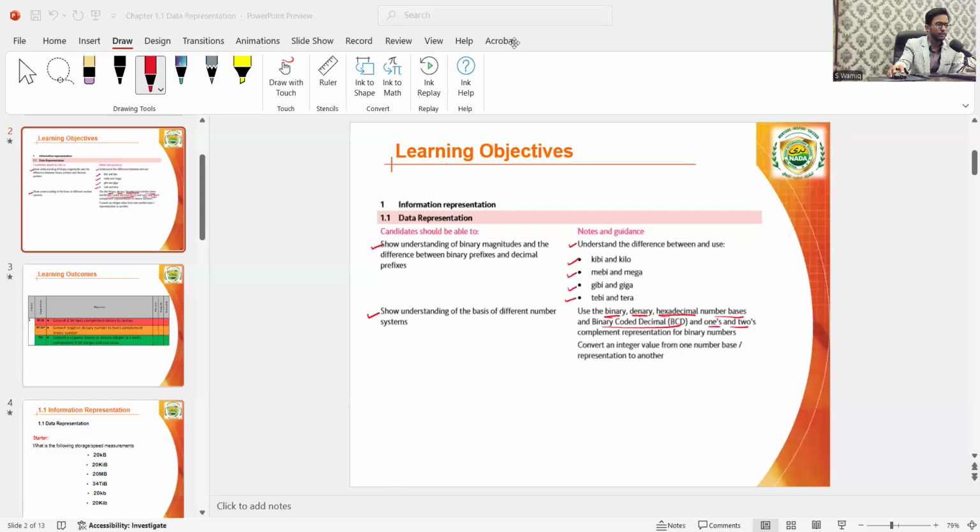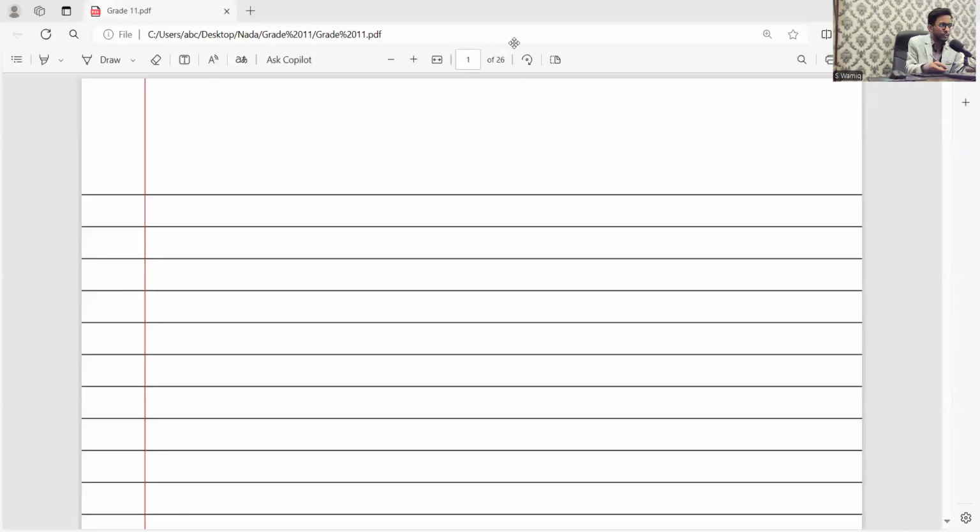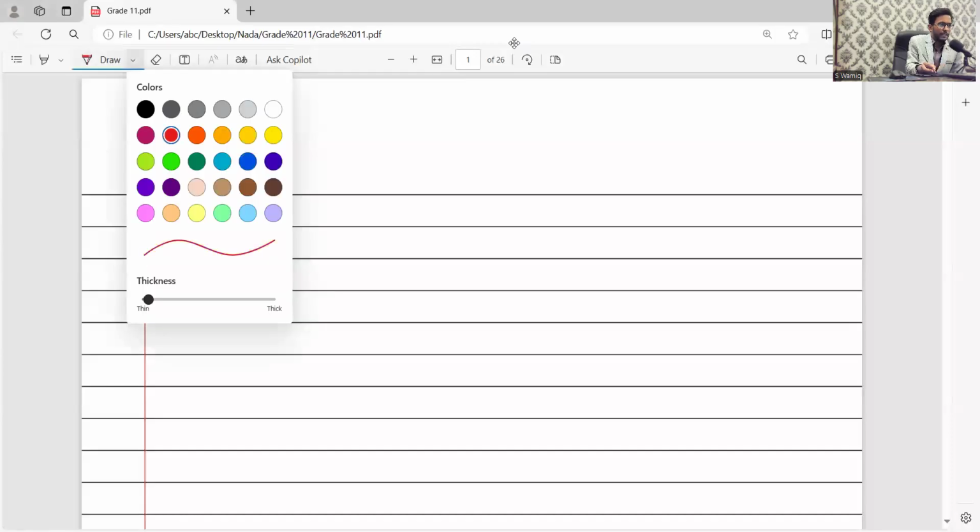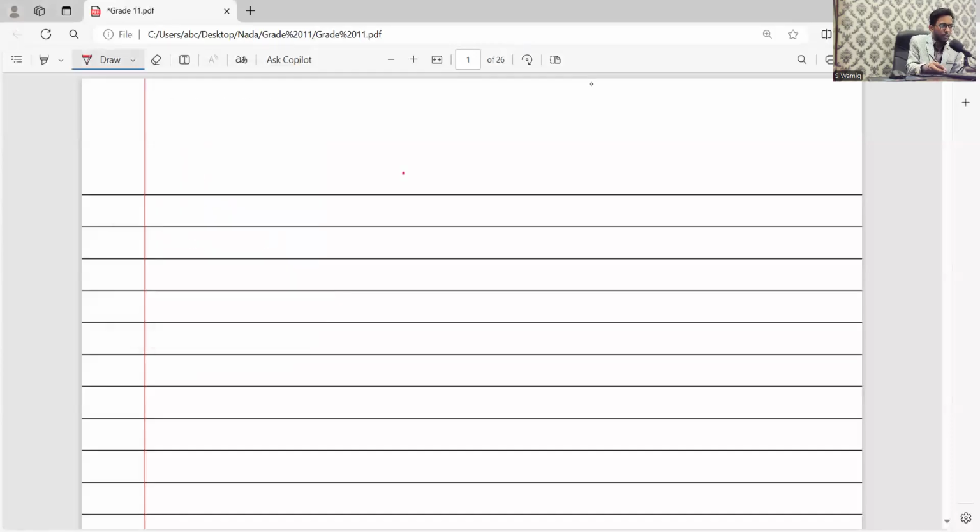Okay, the first area is what is known as a number system. In our everyday life, we basically use a language to represent numbers.